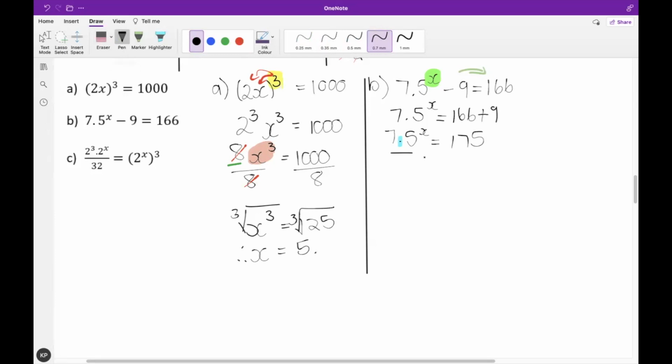But what you do on the left, you go and do on the right. Now these 7s will cancel out, which means I will be left with 5 to the power of x on this side is equal to 175 divided by 7. What is that going to give us? 25.